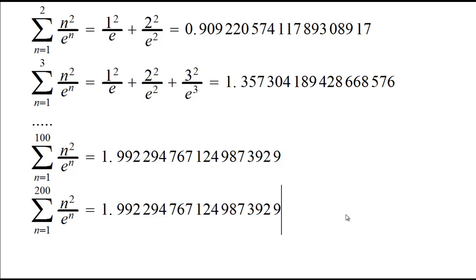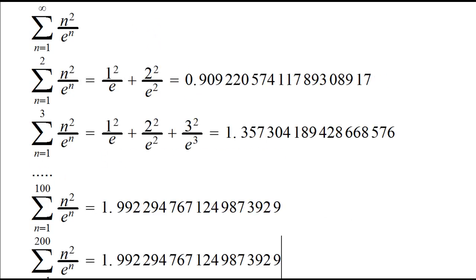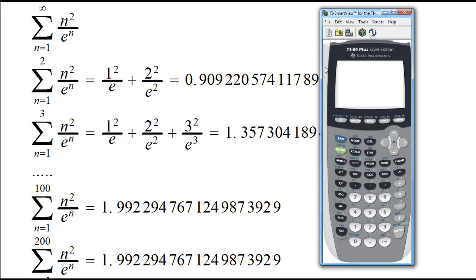So now I'm going to show you how you would use your graphing calculator to find the same values. All right, so here is our graphing calculator. I'm using X because that's the only thing I can.